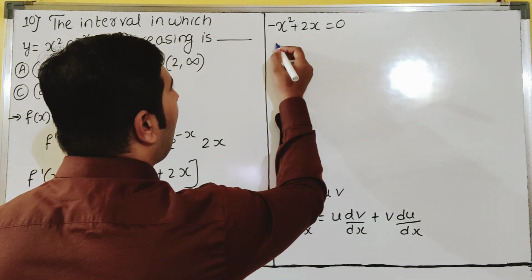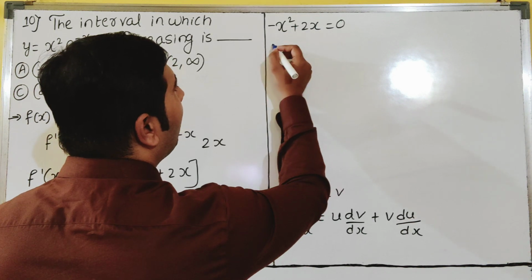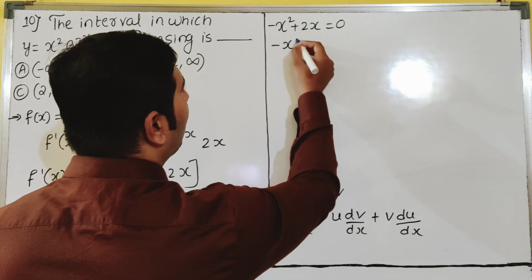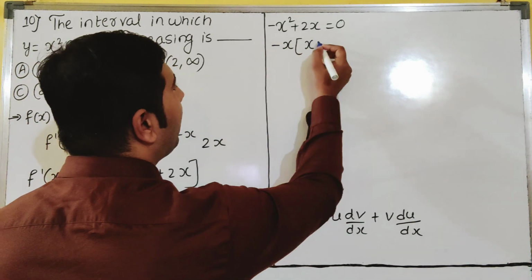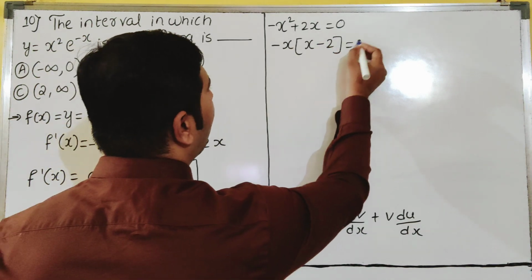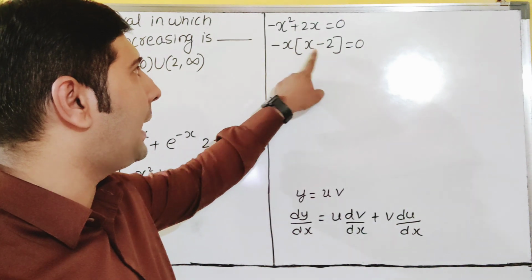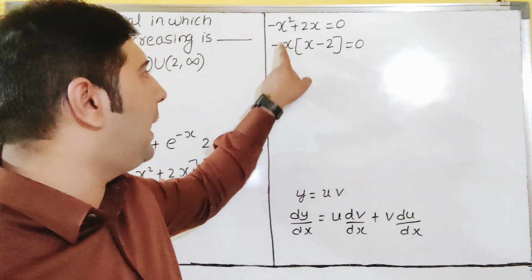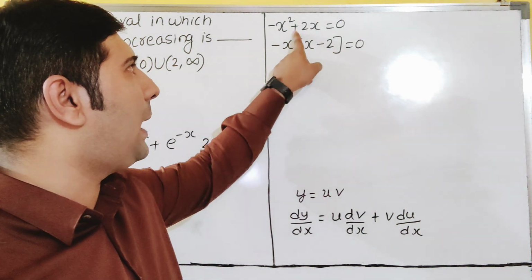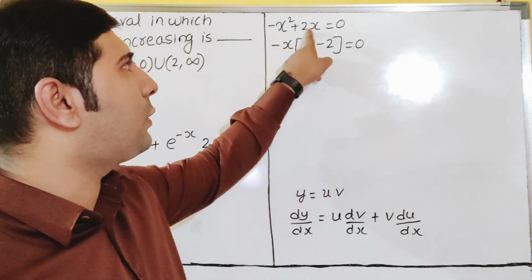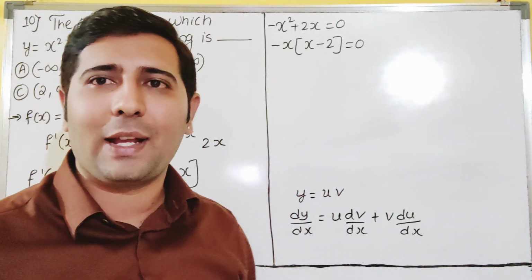Now I will take minus x out. What will remain? x minus 2 equal to 0, dear students. Will you agree? Minus into x, minus x into x is minus x square, minus into minus is plus, x into 2 is 2x, dear students. I hope it is clear, everyone.